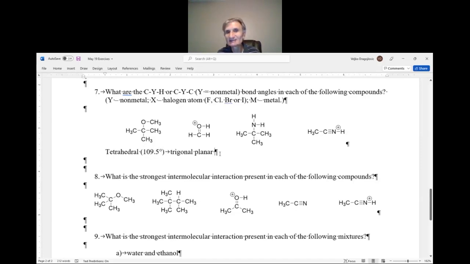Actually, it's almost never exactly 120, but it's approximately 120. So that's the best approximation. So if it's a number, then it would be 120. We would typically say tetrahedral or trigonal planar, but if you have to guess a number, you would say about 109.5, about 120.